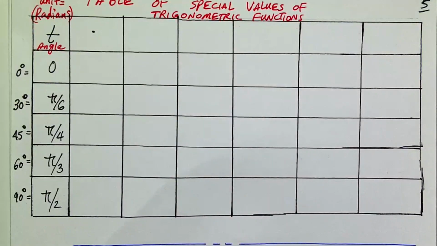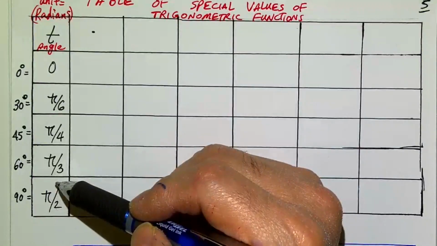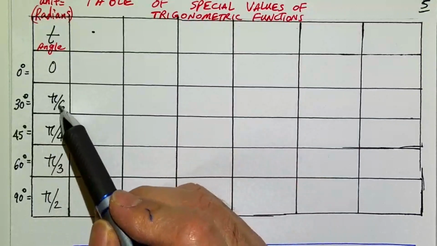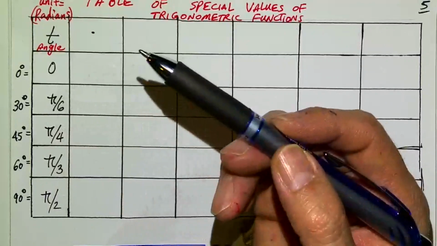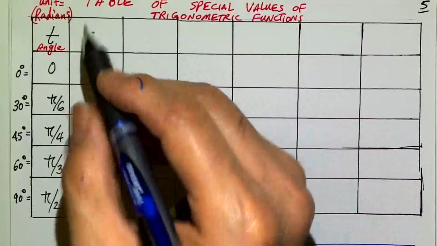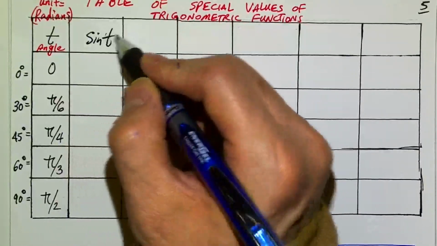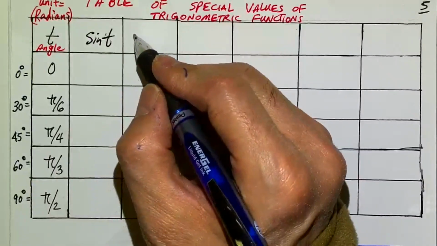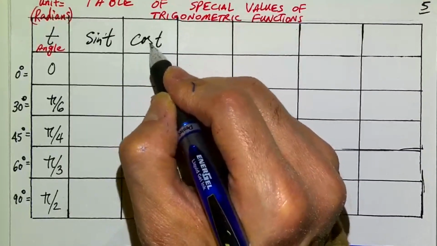Now it's the beginning of the semester, but the further we go into the semester, you're going to need to know these very well. Okay, and what they represent. Pi over 6 is 30 degrees. It's easy, right? 180 divided by 6 is 30 degrees. So then, at the top, we have these trigonometric functions that we've been talking about so far. Sine of theta and cosine of theta.